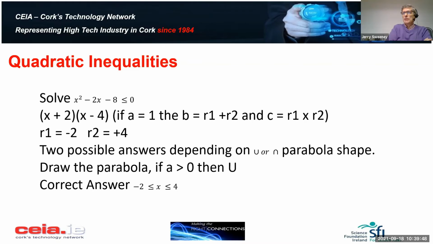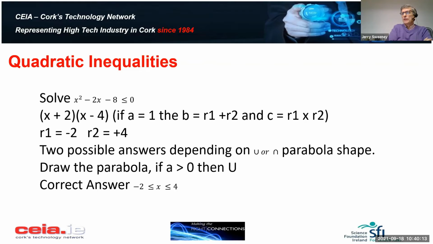So the only way that you can get two numbers to add to minus 2 and multiply to minus 8 is to have one of them be minus 2 and the other be plus 4. So with a little bit of practice, you can deduce that the first root is minus 2 and the second root is plus 4.